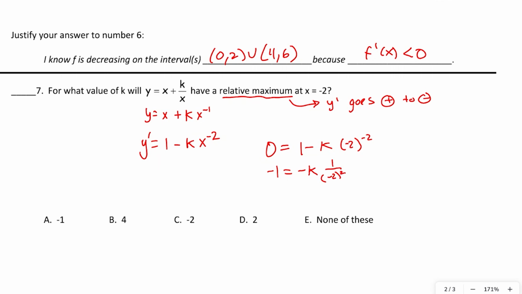If I multiply 4 on both sides, I get negative 4 equals negative k. So k is 4. Now, here's the tricky thing. We know k should be 4, but all we know about k at this point is that it's a critical value. So it's potentially a relative maximum, but we don't know for sure if it is.